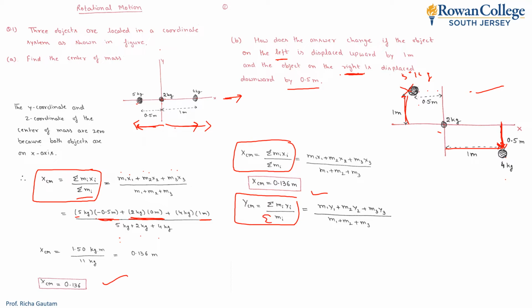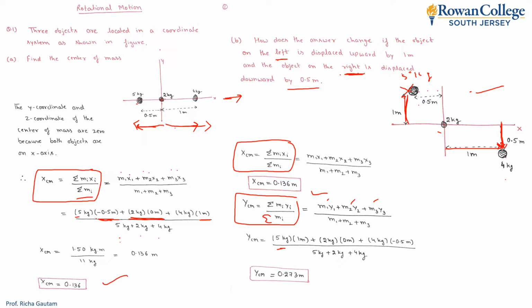So when you plug in the numbers, we have m1y1, m2y2, and m3y3. Now we'll check all the y distances of these objects. The first 5 kilogram object is at a distance of 1 meter.